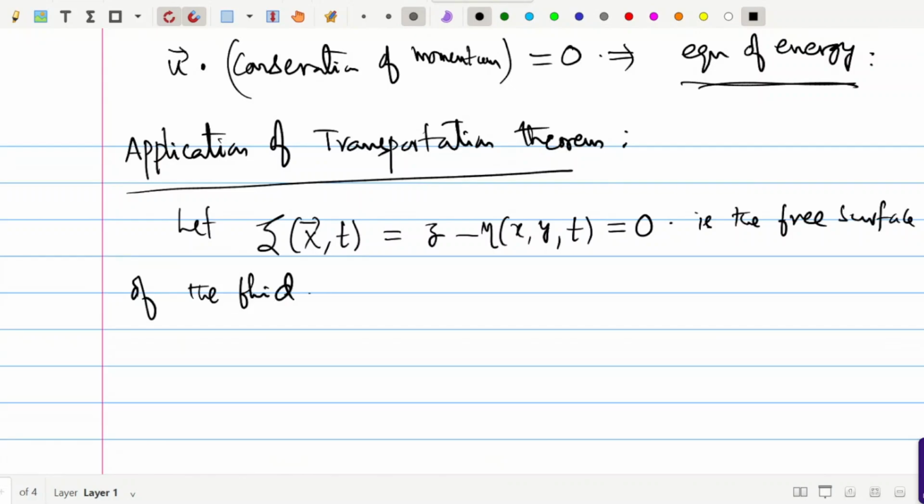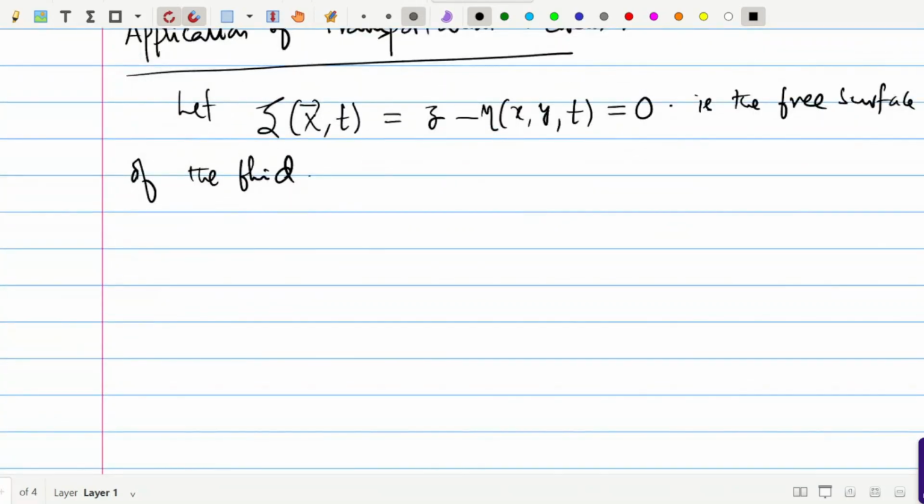Just imagine. Now if you apply your transportation theorem, what do you gain? What does the theorem tell you? This is your zeta. Zeta is a scalar function, right? Do you see there's no vector here?